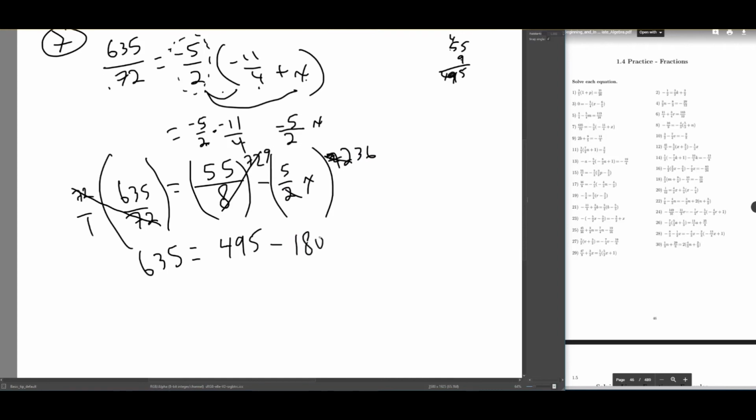Minus 72 divided by 2 equals 36. 36 times 5 equals 180. Minus 180x. So what we're going to do is subtract 495 here, subtract 495 here.